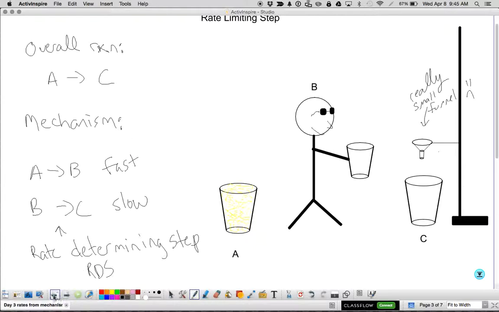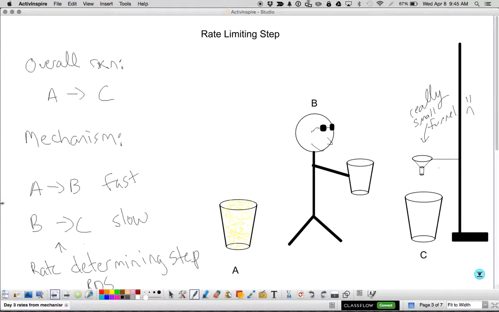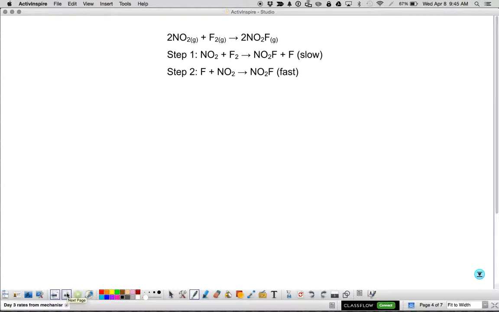And we can apply what we came up with on this page to the rate determining step. So let's look at an example. All right, so I have this overall equation and I have a mechanism, okay? And I have a slow step and I have a fast step. Now the slow step is the rate determining step, RDS, because it's slow. It's slower than the fast one, all right?